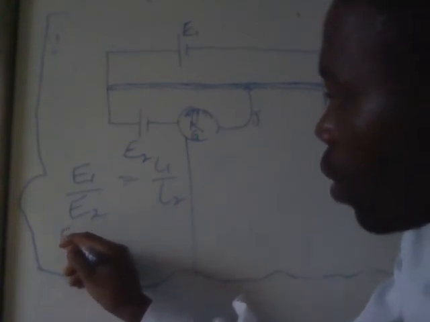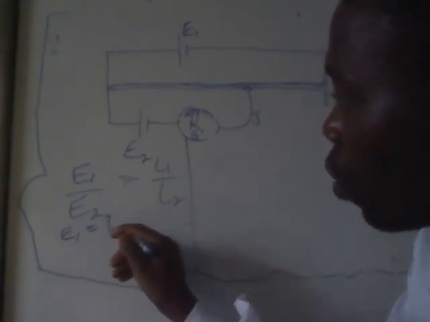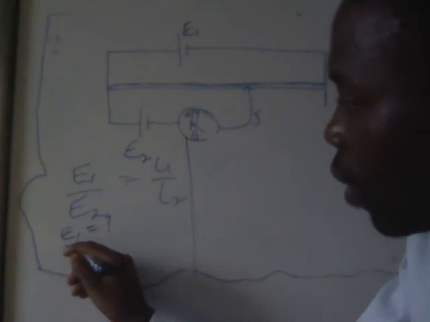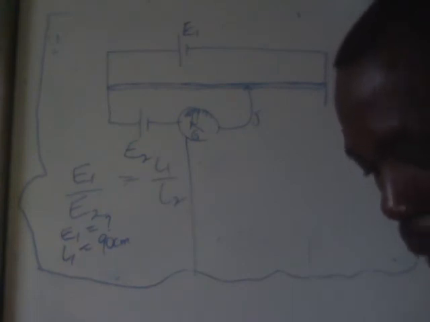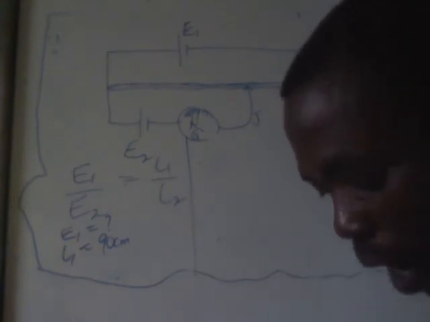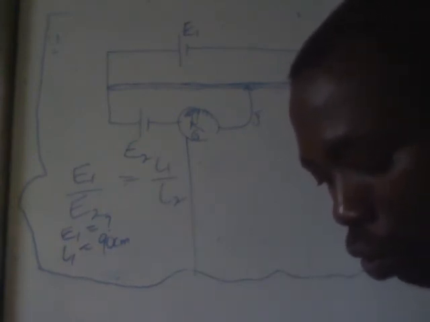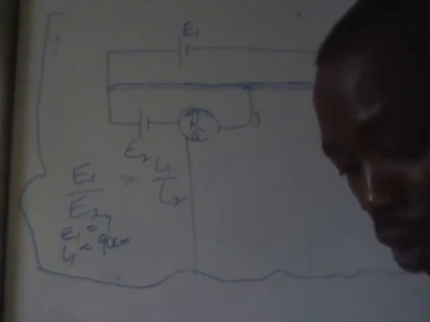So for our E1 we don't know. Then L1 is 90 centimeter. The balance length of a potentiometer wire connected to a cell of an unknown EMF is 90.0 centimeter.